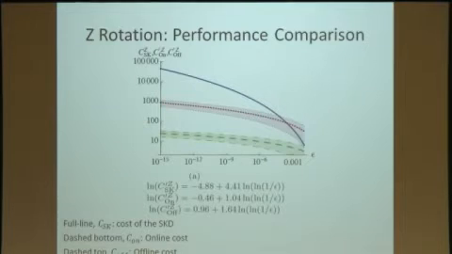And you can see that the scaling clearly is much better for this protocol for most accuracies. If you need an epsilon that's bigger than 10 to the minus 4, then you can use Solovay-Kitaev.